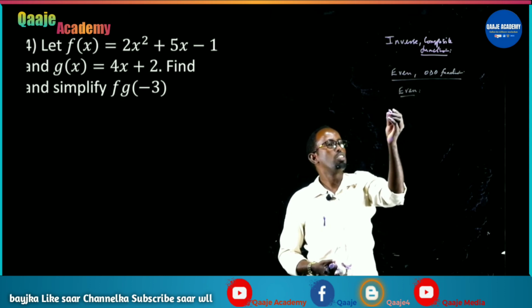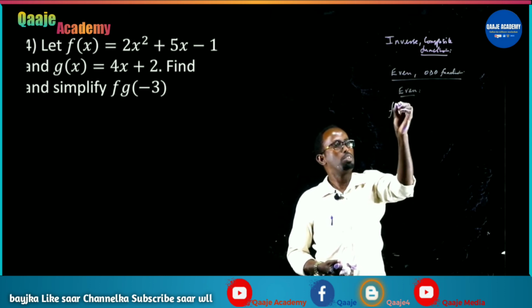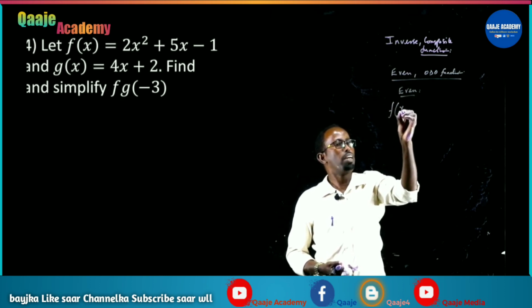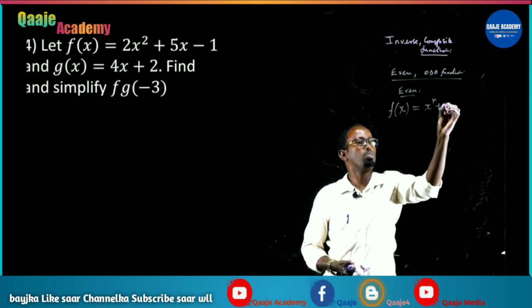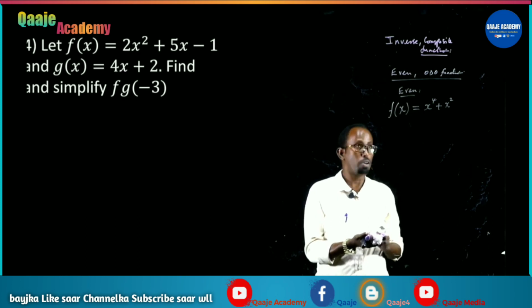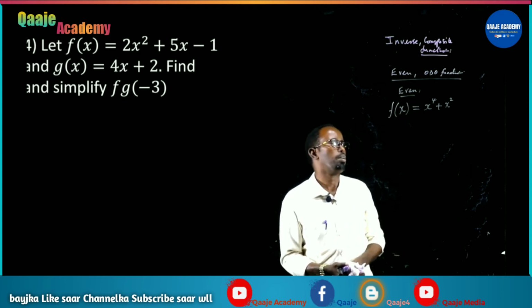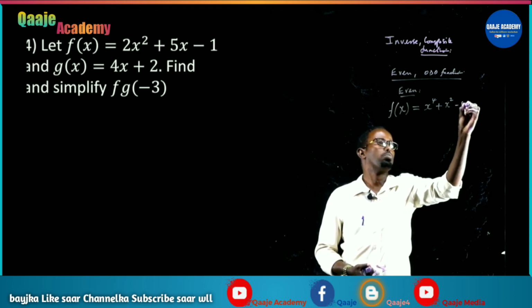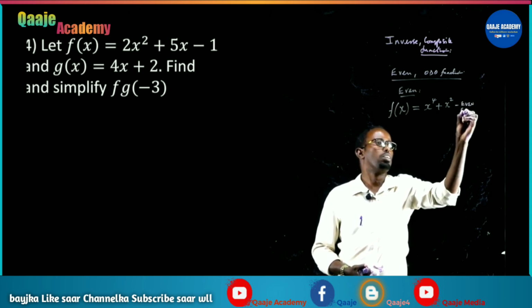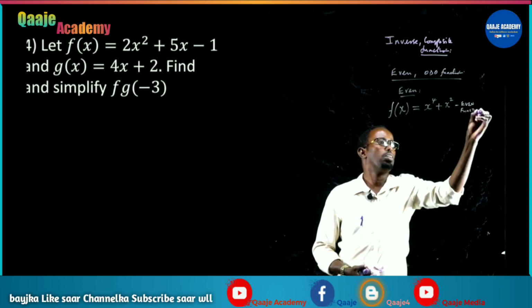The formula for an even function: we substitute with negative x. If f of x is, for example, equal to x power 4 plus x power 2, you can see both powers are even numbers. So therefore, this one becomes an even function. I'll prove this one.